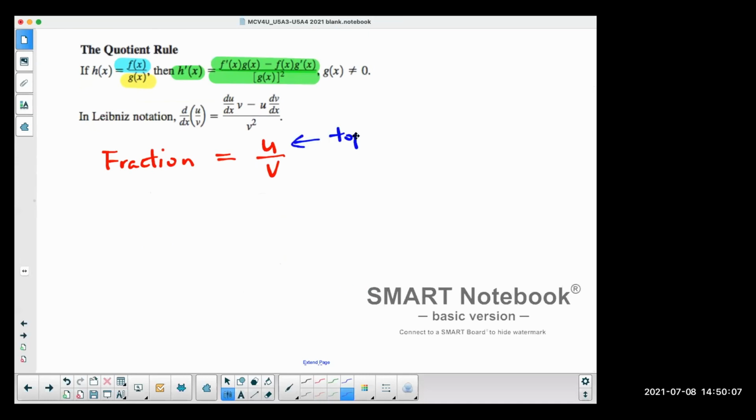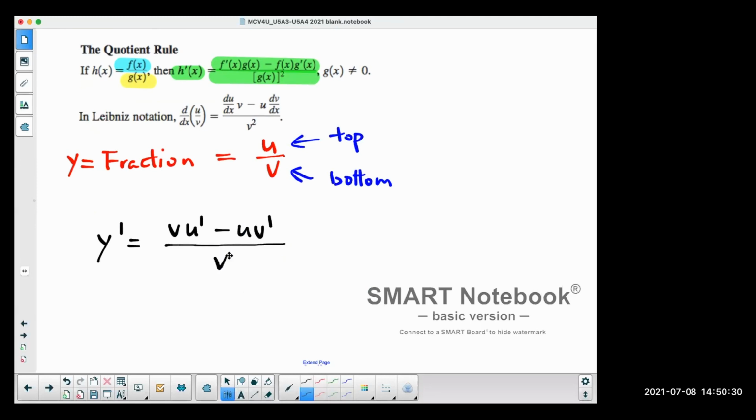This is the top, and that's the bottom. The derivative of the function, so a y, let me put in a y here. So to find the derivative y prime, it's v times u prime minus u times v prime, divided by v squared.